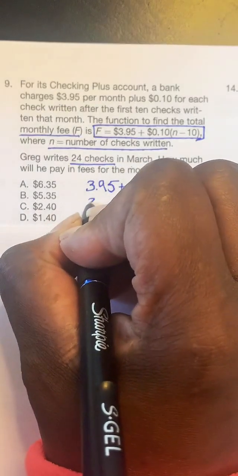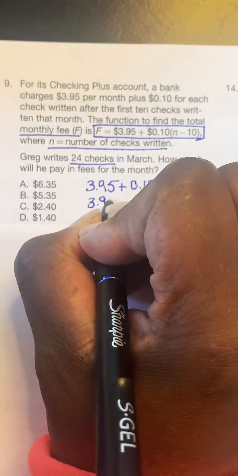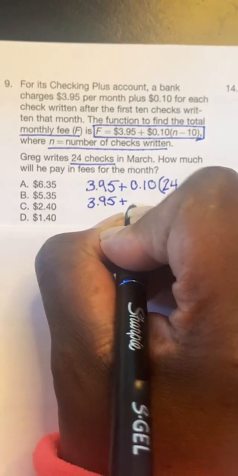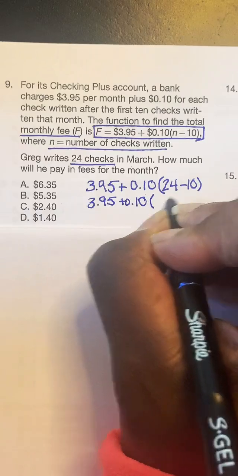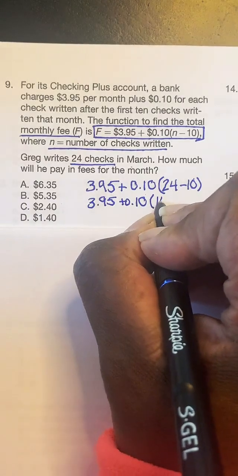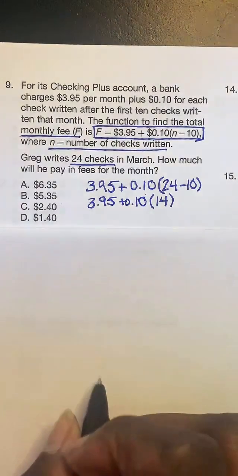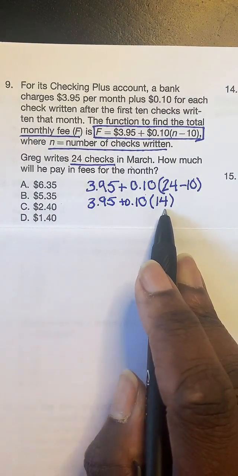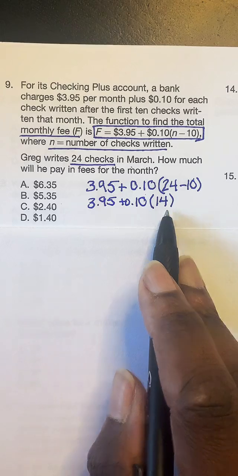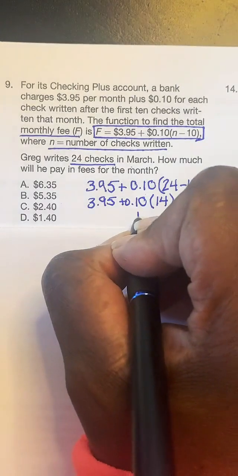So we have our $3.95 plus that 10 cents times, with 24 minus 10 giving me 14. Well, we have 0.10 times 14. That will give me $1.40.